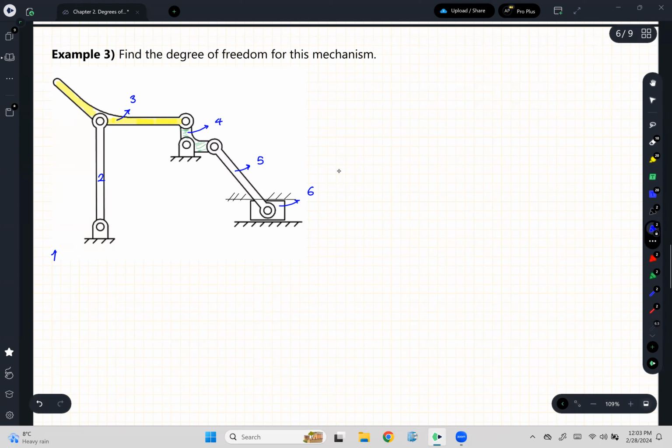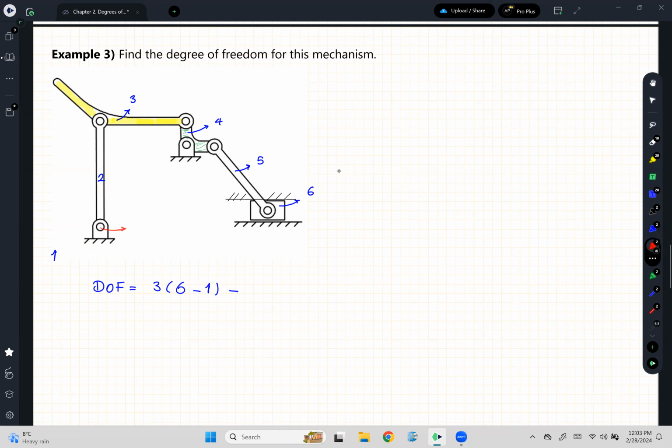So the degrees of freedom in this mechanism is 3 times 6 minus 1 minus... Now it comes to counting the number of U's. Let's do it carefully. One joint there gives me U2. One joint there gives me U2. Make sure you don't get confused. There are only two members connecting there, right? Only two members, not three.